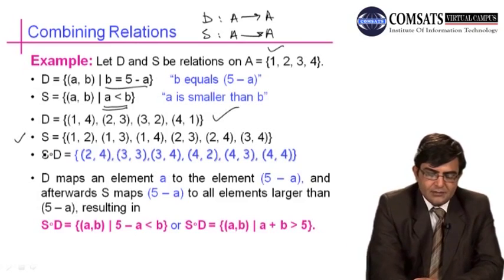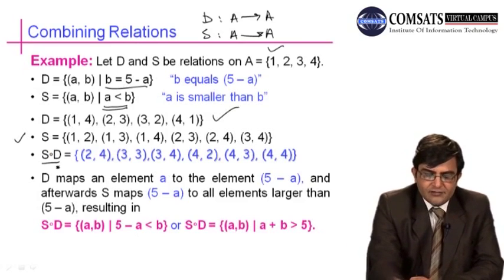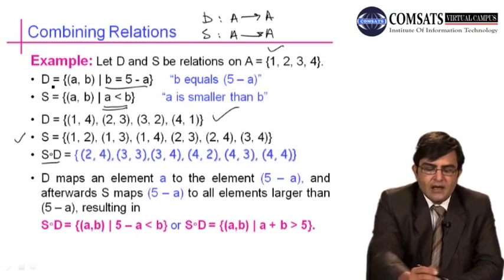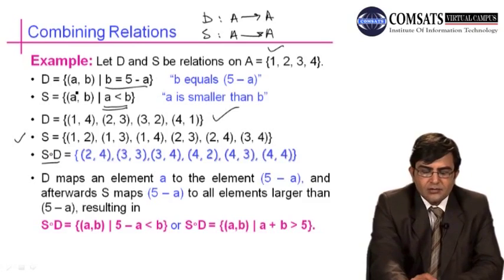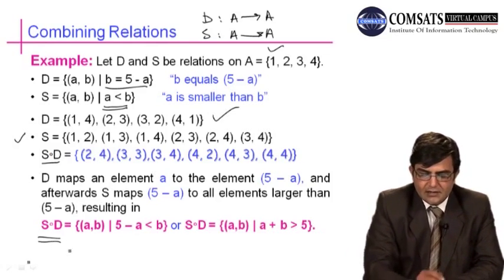S composition D basically contains those elements. First we apply D and then S. When we apply D on the ordered pairs AB, here B must be what? 5 minus A. So we can see it here.